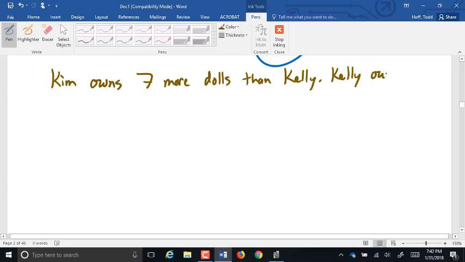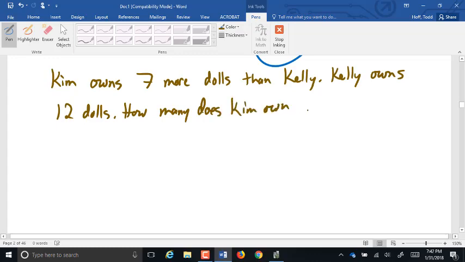Kelly owns 12 dolls. How many does Kim own? Careful.